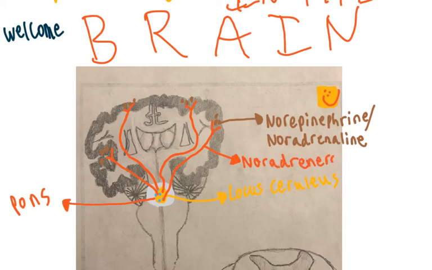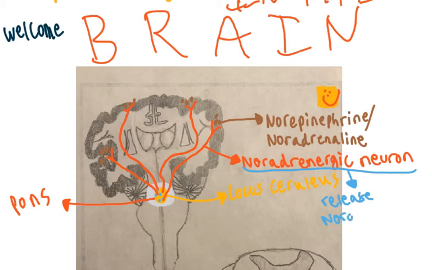All right, noradrenergic neurons, because these are neurons that synthesize and release noradrenaline. All right, so they release noradrenaline. All right, and so that's pretty much it. That's what I want to cover.